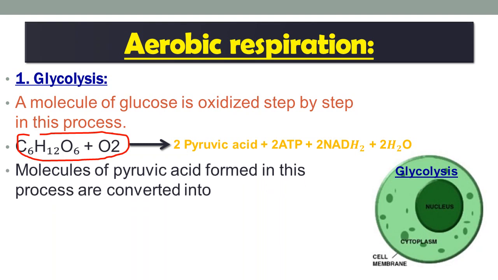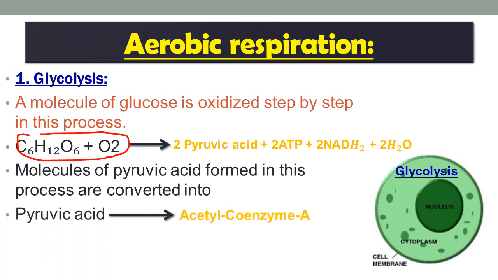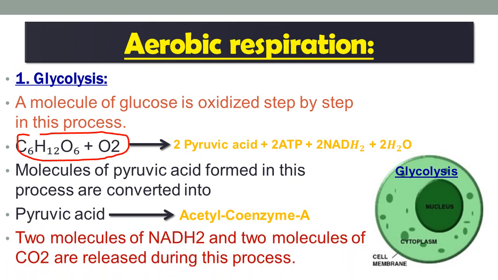The pyruvic acid formed in this process is converted into acetyl coenzyme A, and 2 molecules of NADH2 and 2 molecules of carbon dioxide are also released. All this process of glycolysis happens in the cytoplasm of the cell.